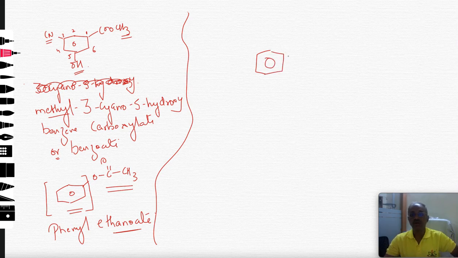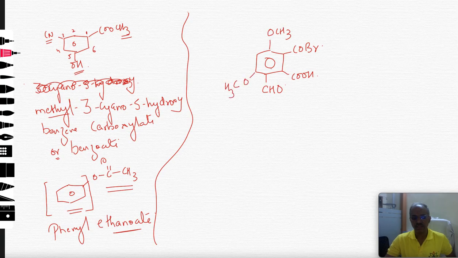Suppose now you take COBr. Here you take OCH3, and here you take COOH acid, suppose. And here you take CHO, right? Again you take OCH3 and here you take OEt.